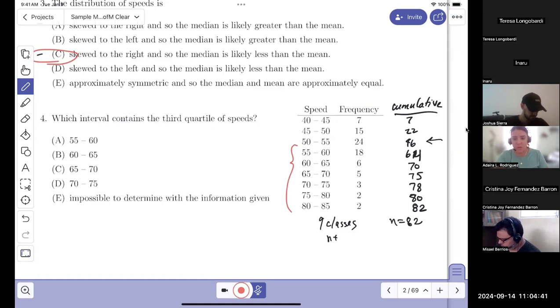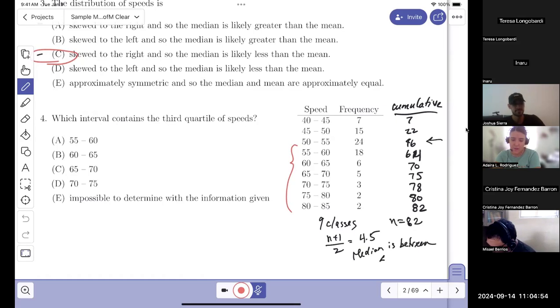And then n plus 1 over 2 is going to be 41.5. So the median is between the 41st and 42nd observation.